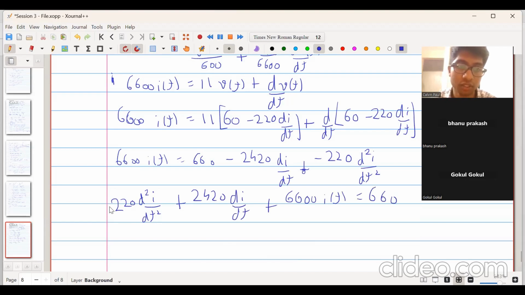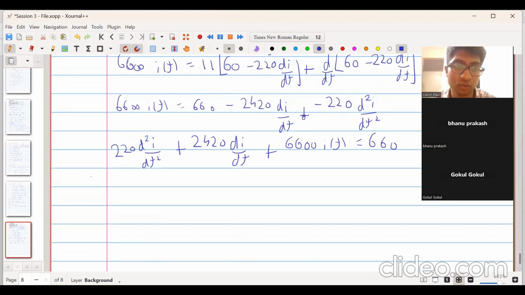When we divide throughout by 220, we get d2i upon dt2. 2420 divided by 220 is how much? 11, sir. 11 di by dt plus 30 into I of t is equal to 3.